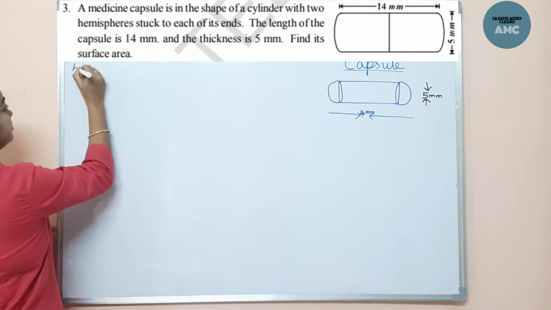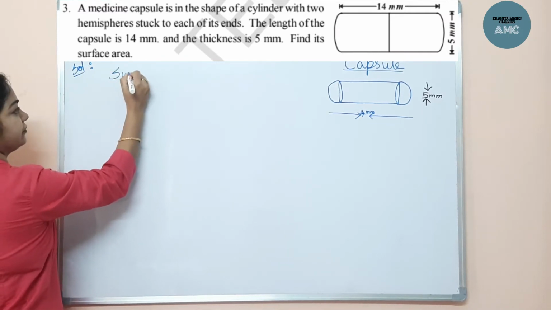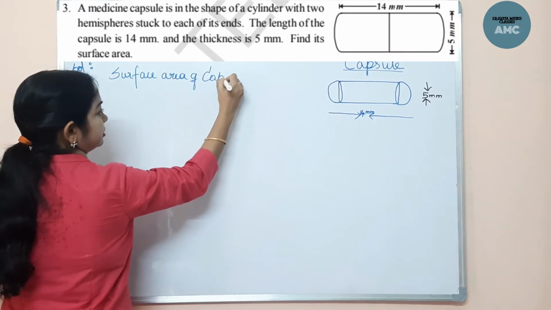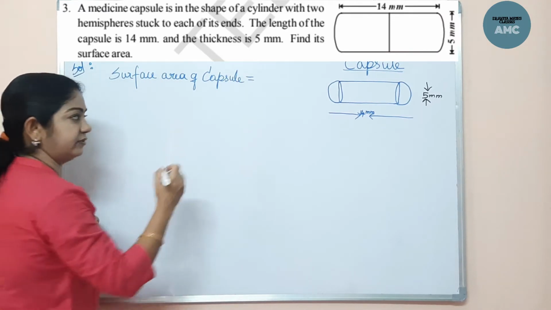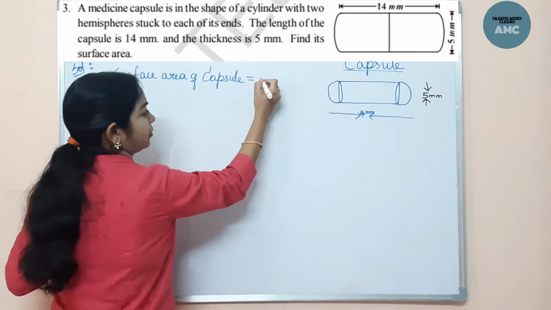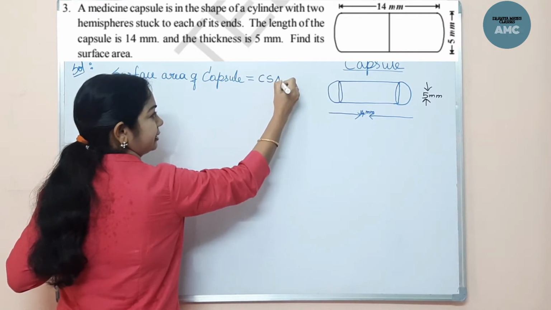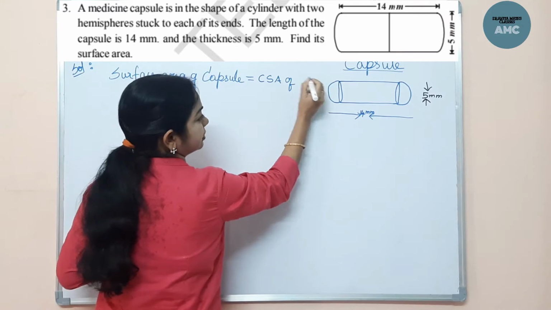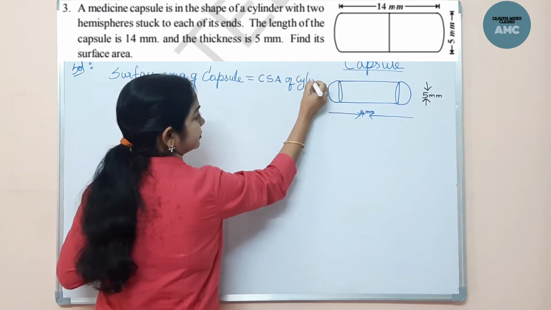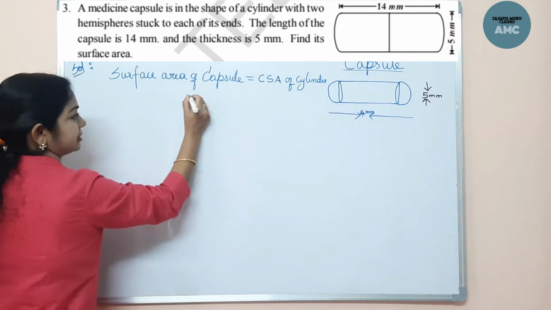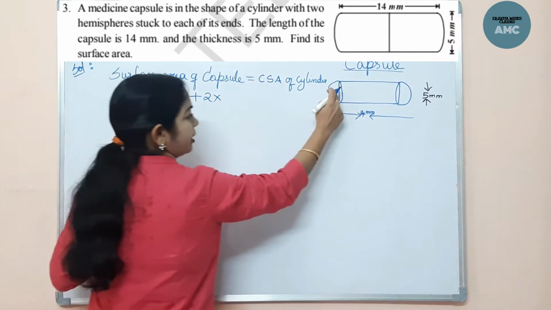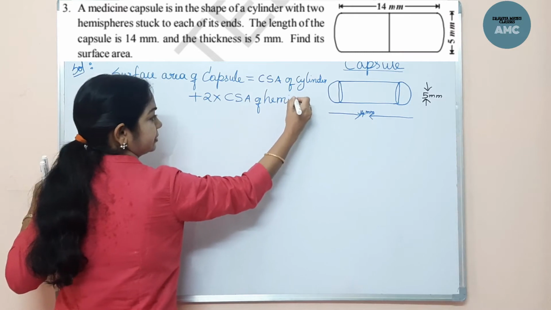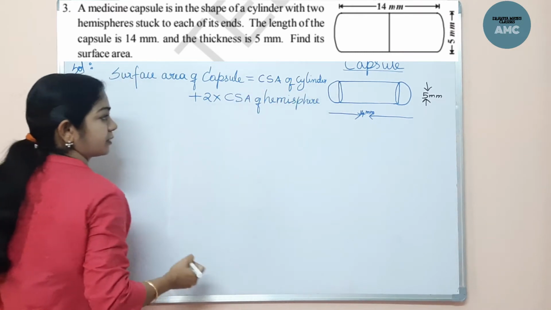Third one, solution. Surface area of capsule is equal to CSA, curved surface area, of cylinder plus 2 into CSA of hemisphere, because there are two hemispheres.